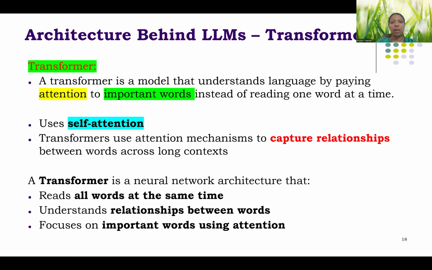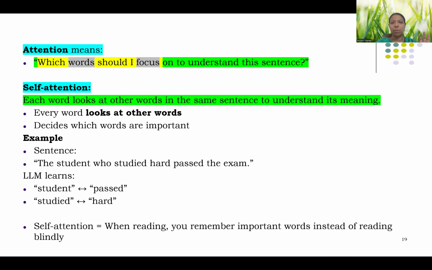So the transformer uses the self-attention mechanism to capture the relationship between words in long context, not only in short context. That is the speciality of this transformer model. It reads all the words at a time and understands the relationship between the words. It finds the important words using attention, and then relates all those words over the long context. That is how it is able to remember and perform very well.